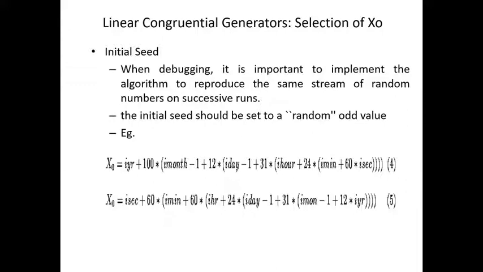And before leaving LCGs, we also want to discuss how to select the seed value. The initial seed value, or X naught, what we call. How do we normally select when we use it in simple educational applications? So to select the seed value, we try to add some randomness. You look at these two expressions shown below. This X naught or the seed value is determined by the current year. I year stands for the current year. Say the current year is 2022 plus 100 into the current month.